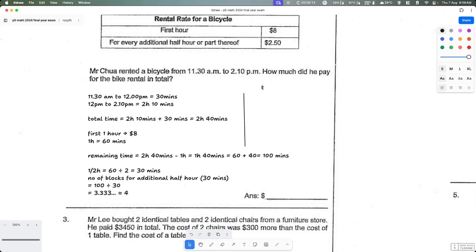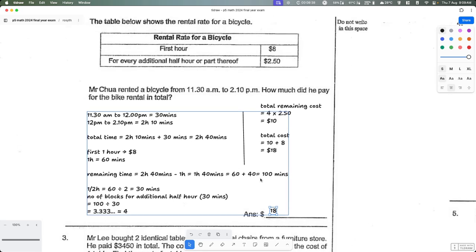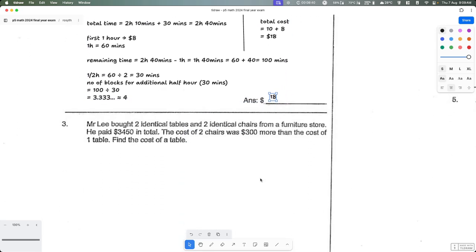So total remaining cost is equal to 4 times 2.50, which is equal to $10. Okay, so total cost will be 10 plus 8. This will become $18. So the answer is $18. That's what you see over here. All right, let's move on to the next question.